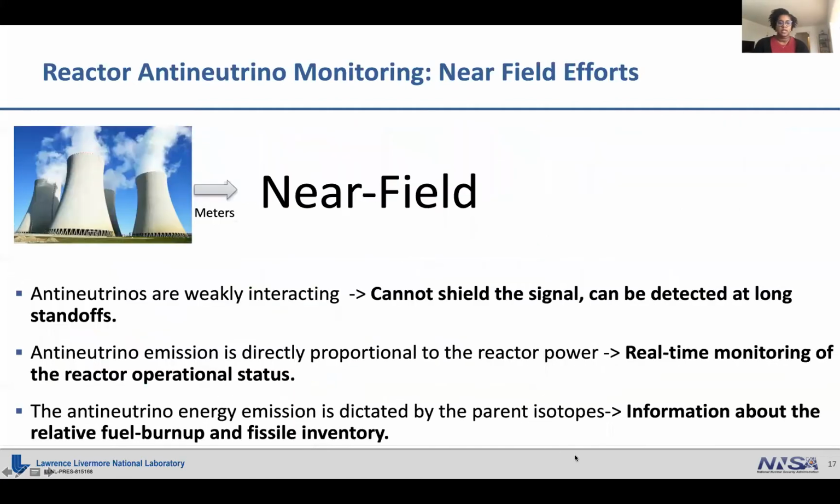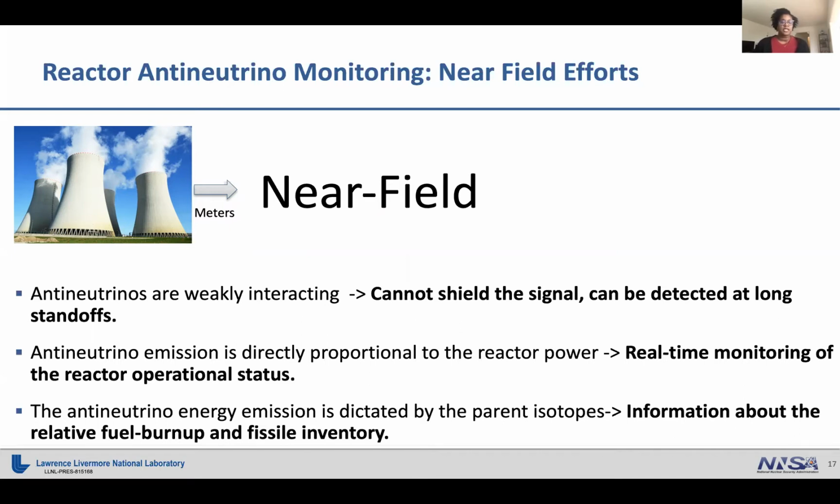Okay, and so everything I've shown you about reactor monitoring with antineutrinos has been done within the near field. All these case studies, all of these demonstrations, they all occurred within a few meters of a nuclear reactor. And from these case studies and demonstrations, they were able to show that antineutrinos are weakly interacting. And so this is really great because you can't shield the signal.